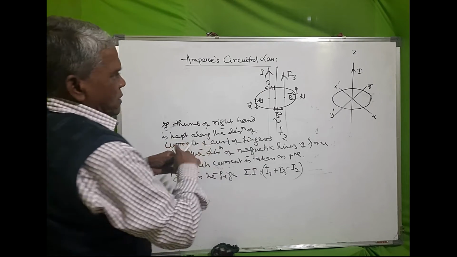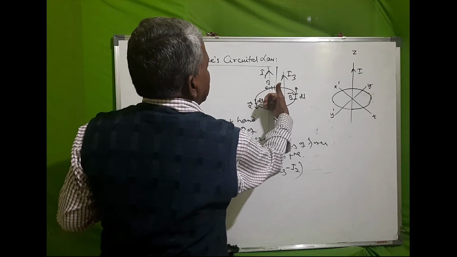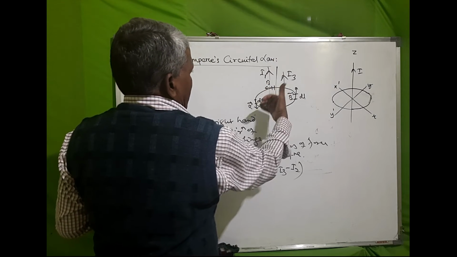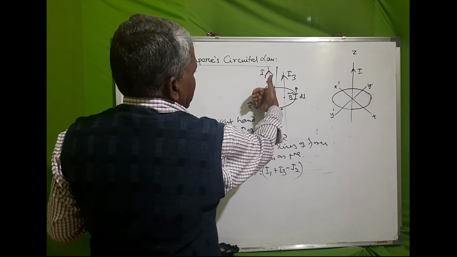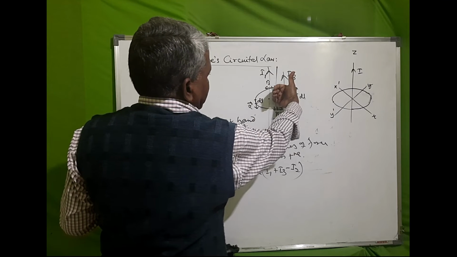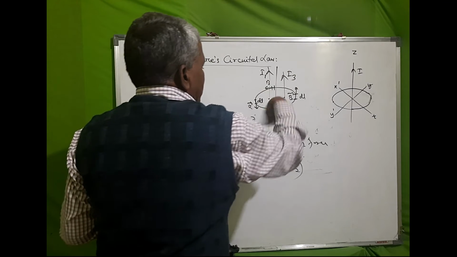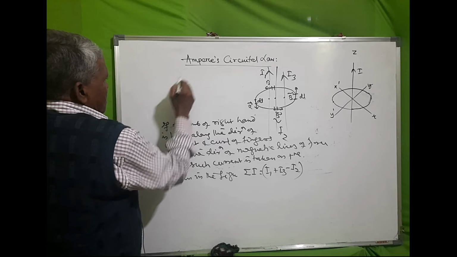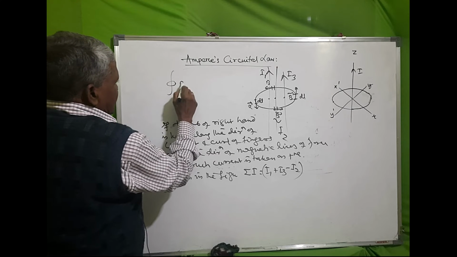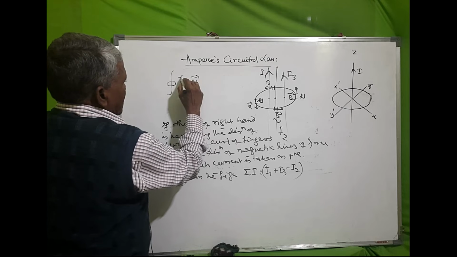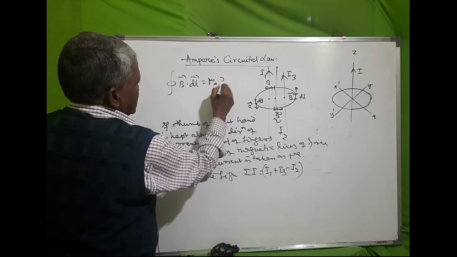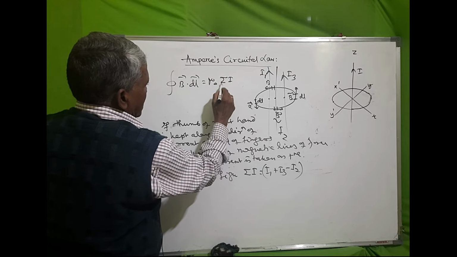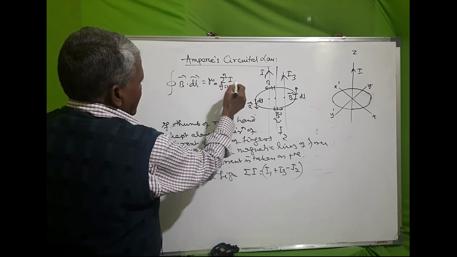Because here the magnetic lines of force are anti-clockwise in the upper face, that's why I1 is positive, I3 is positive, and I2 is negative. Or Ampere's law is written like this: integration of B dot dl is equal to mu 0 sigma I, j equal to 1 to n.